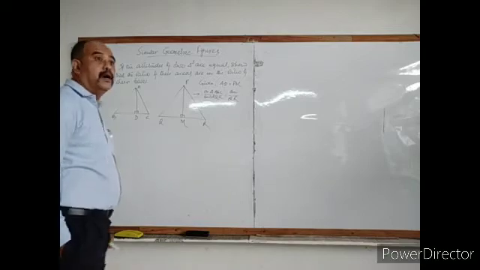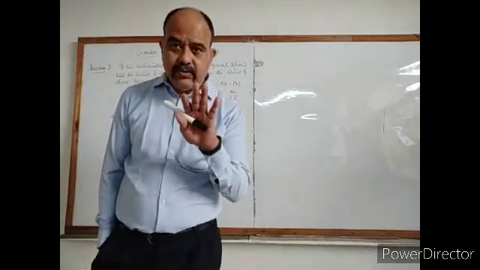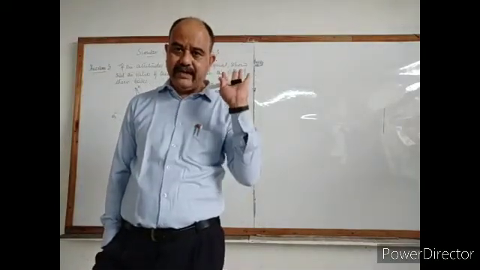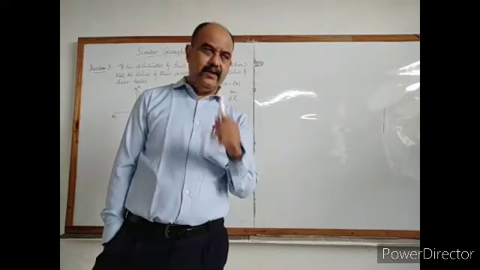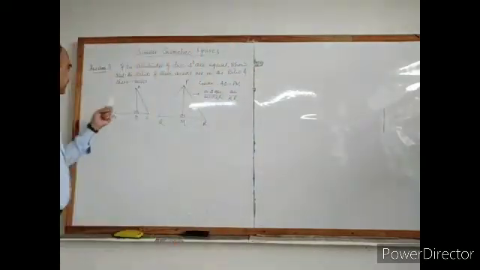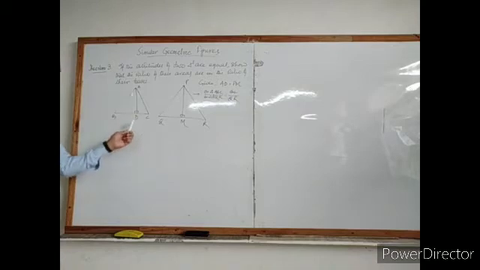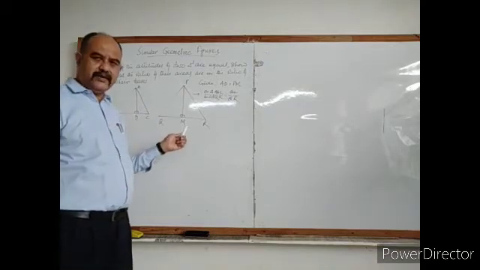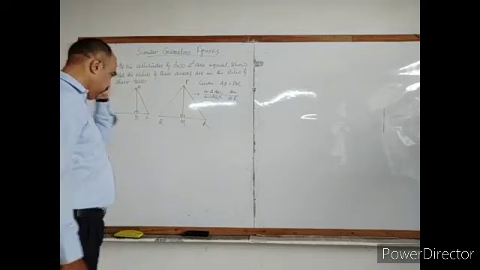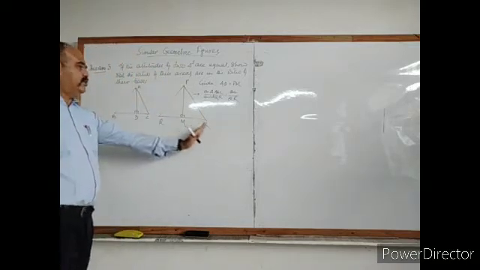Area of a triangle equals half into base into height. So in this triangle, this is the height, and in this triangle, this is the height. In this triangle, the base is QR. In this triangle, the base is BC.